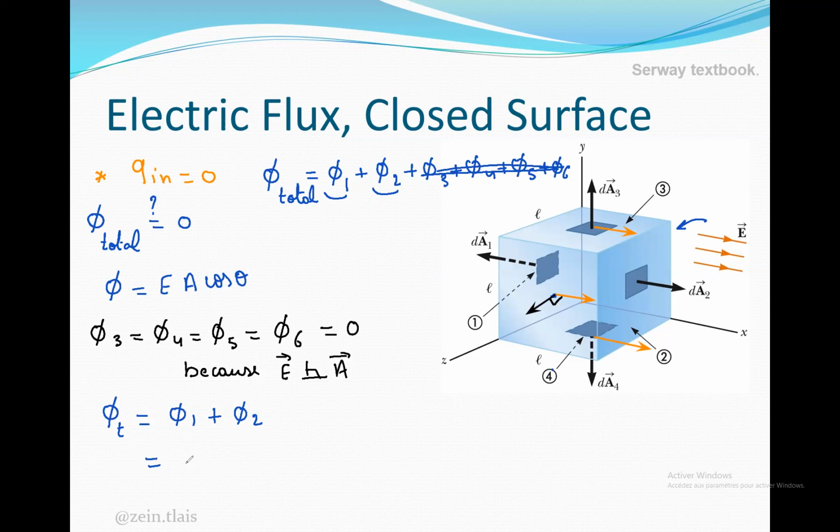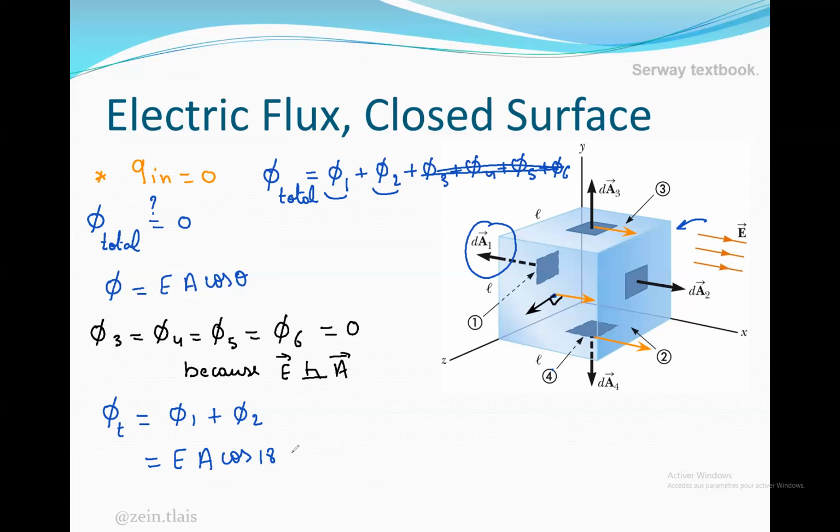Flux 1 equal E, because E is constant, times A, we have the same area for each side, times cosine the angle. E1 and A1 have an opposite direction. So we have the angle equal 180 between them, equal to pi.